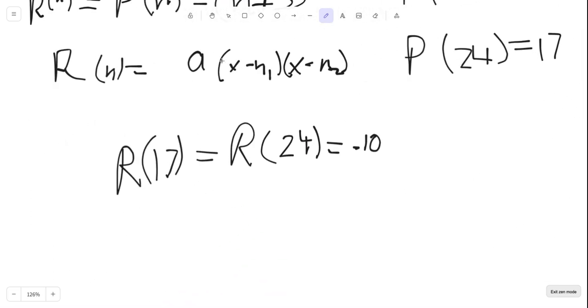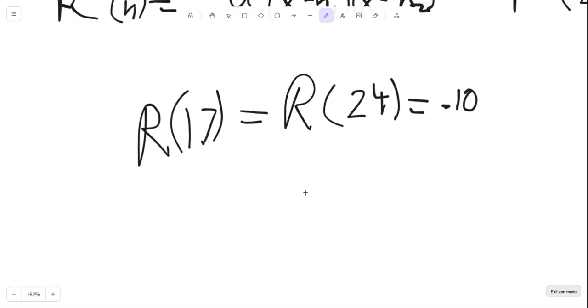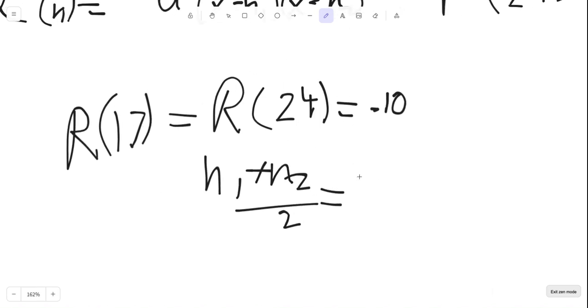A quadratic can satisfy everything. So n1 plus n2 over 2 equals 41 halves, which is the average of these two. So we can get the sum straight from here.